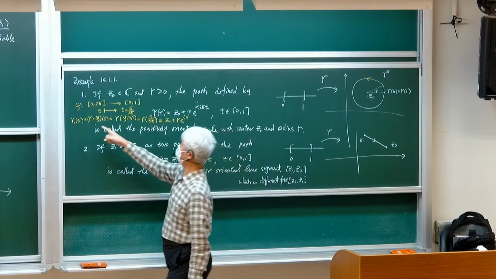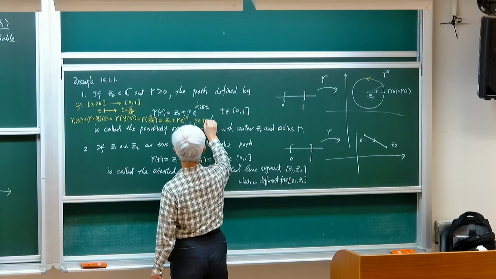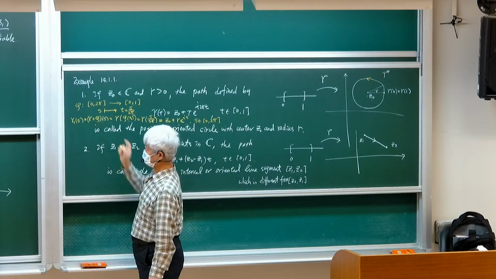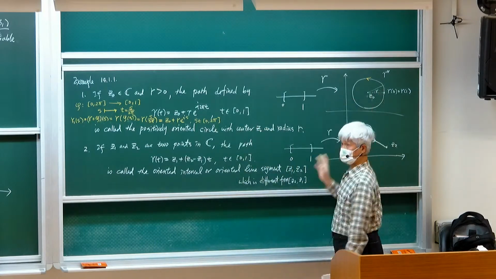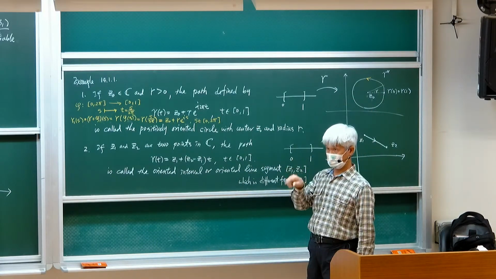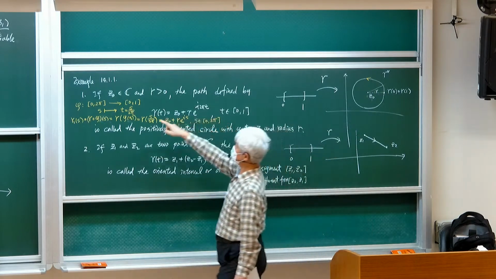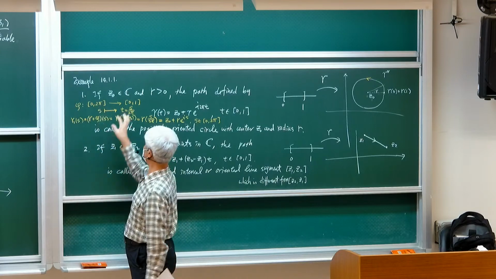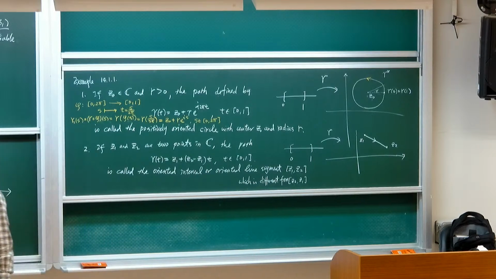So gamma 1 is this function for x in 0 to 2 pi. You can see they have the same image here. It's just a circle with center z sub 0 and radius r. But you can see these two intervals have different lengths. The length of this interval is 2 pi, but the length of this interval is 1 only. Other questions?